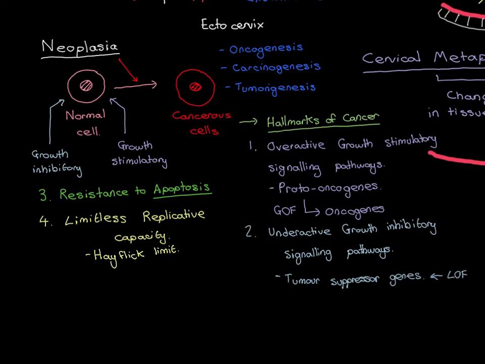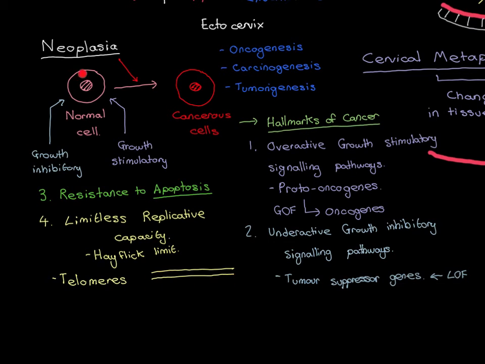So the correlate of the Hayflick limit: why do normal cells have a certain number of times they can divide? Well, it's because of structures known as telomeres, which are on the ends of all chromosomes. So if I just draw a chromosome quickly here, let these two lines represent one of the chromosomes in a normal cell.